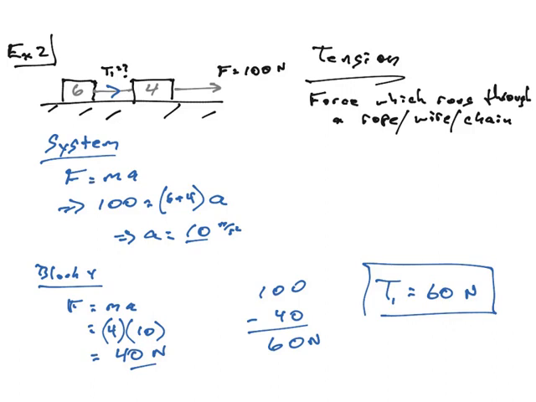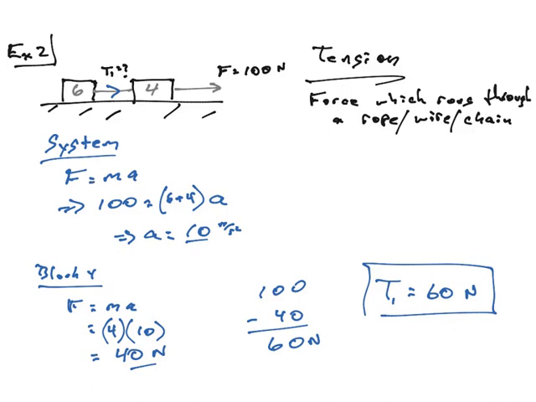And what you're going to find is every problem like this, or using third law stuff, is done in this manner. You look at the system, figure out the total acceleration. Once you know it, you now know every piece of the system has this acceleration. So then you could look at each piece separately.